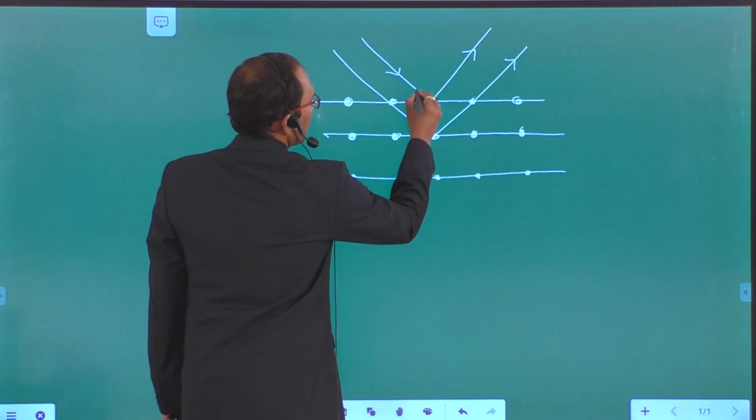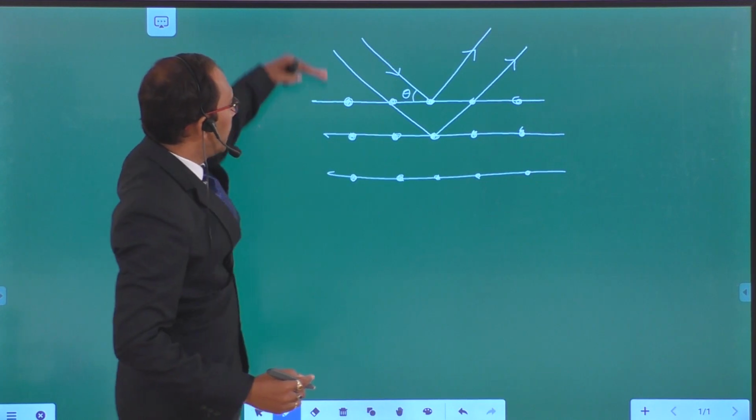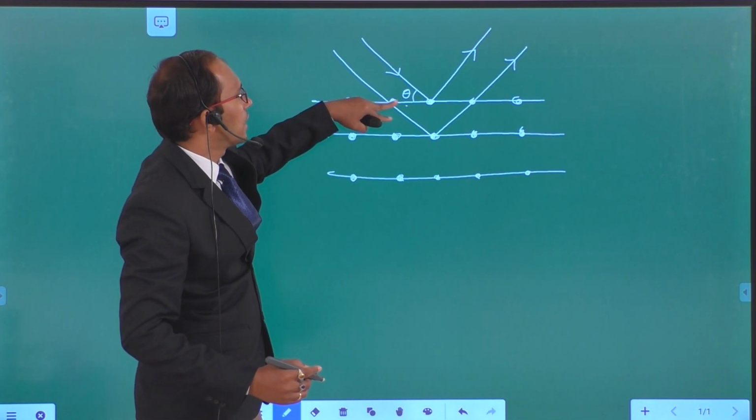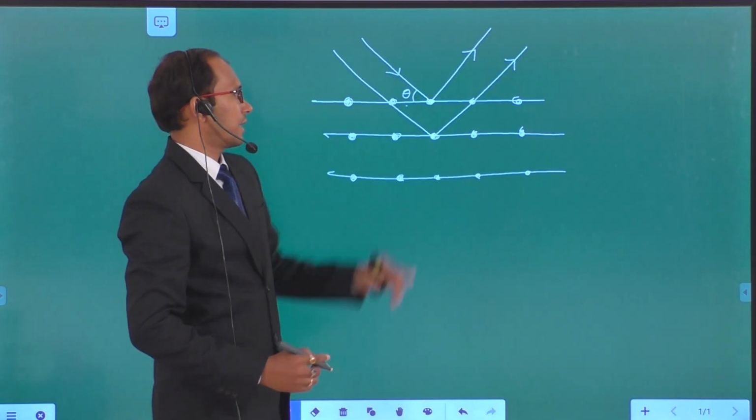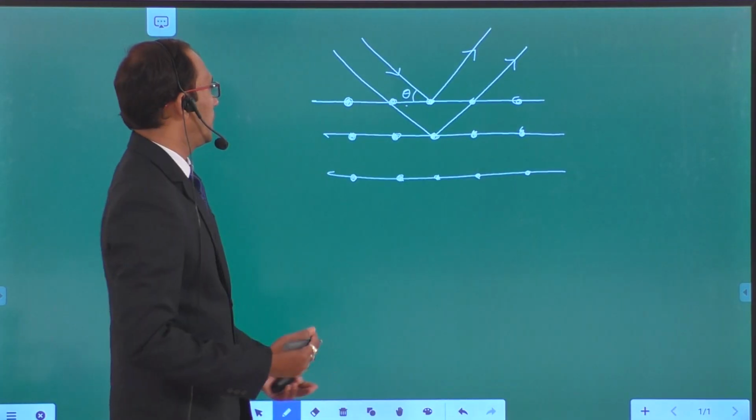If I take the glancing angle as theta, the rays are incident with glancing angle theta and then scattered. Now I want to find the path difference between these two rays.